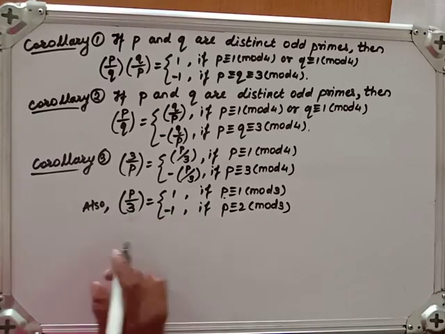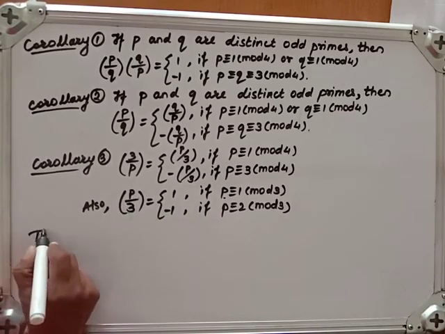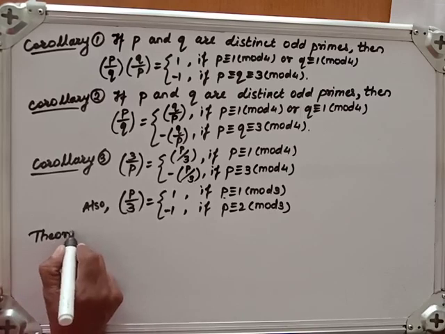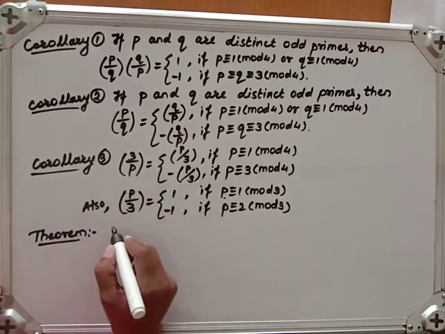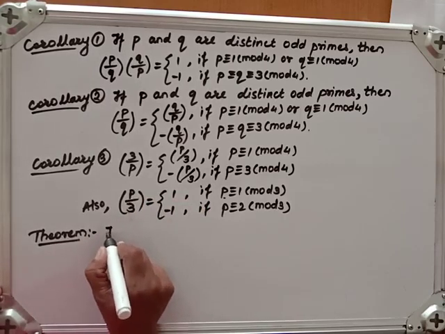Fine. Now next, corollary, or you can say theorem. This theorem is for P not equal to 3.